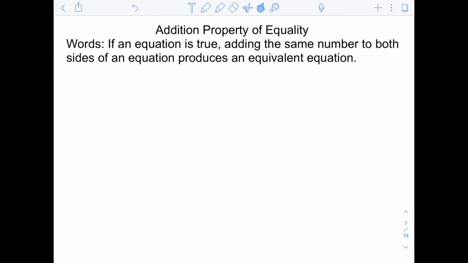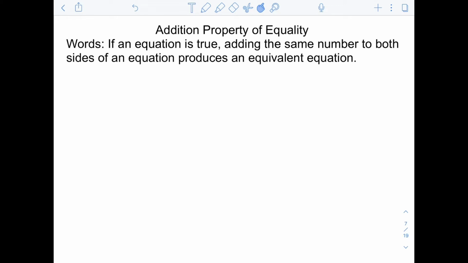We've been talking about a lot of properties in the past videos. The addition property of equality says that if an equation is true, adding the same number to both sides of an equation produces an equivalent equation.